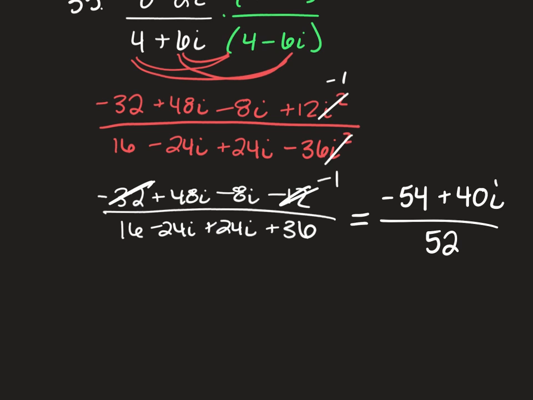And then you've got a negative 24 and a positive 24 that cancel. So then all of those things are divisible by 2, or divisible by 4.